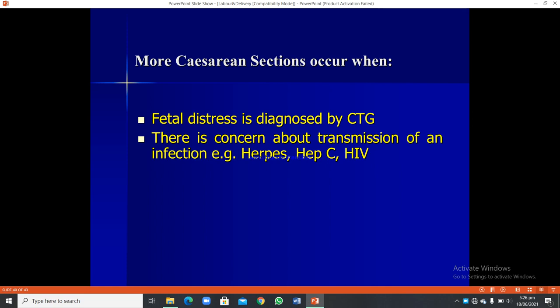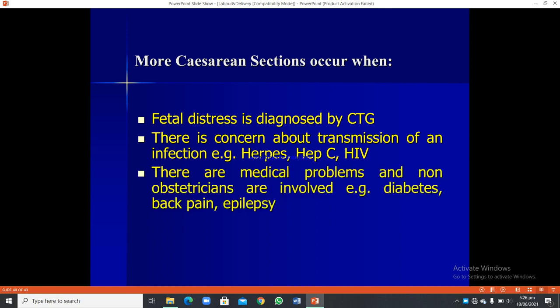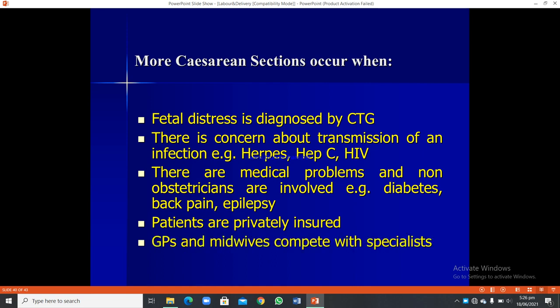There is concern about transmission of infection, for example herpes, hepatitis C, HIV. There are medical problems and non-obstetricians are involved, for example diabetes, back pain, epilepsy.